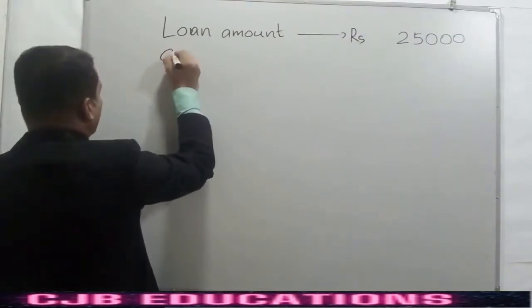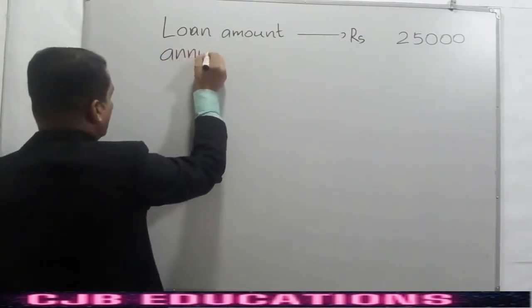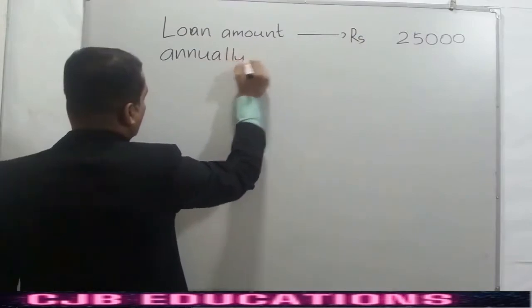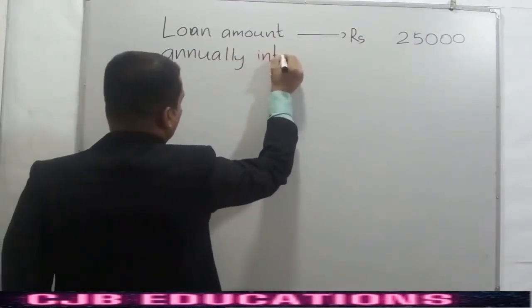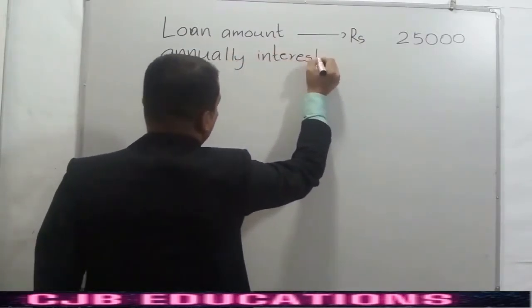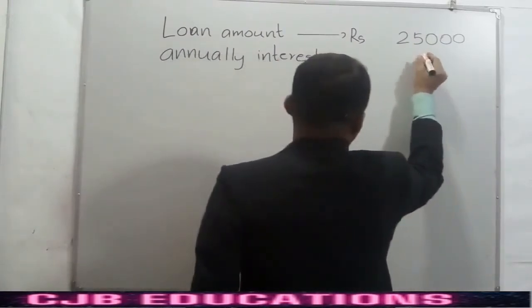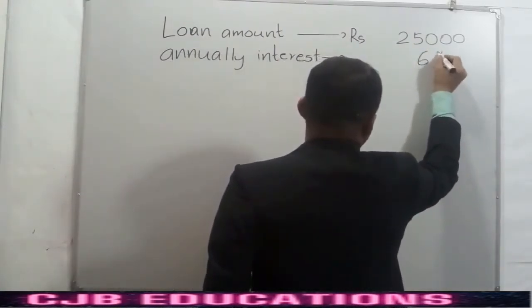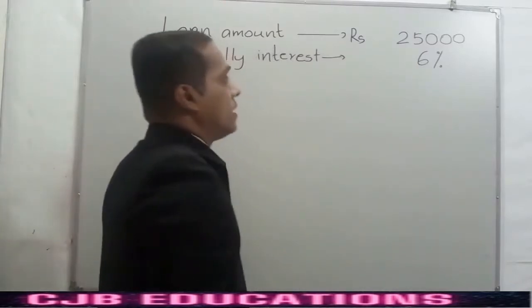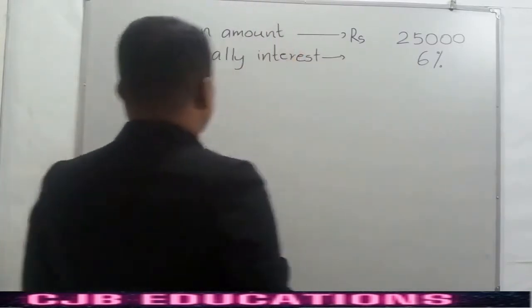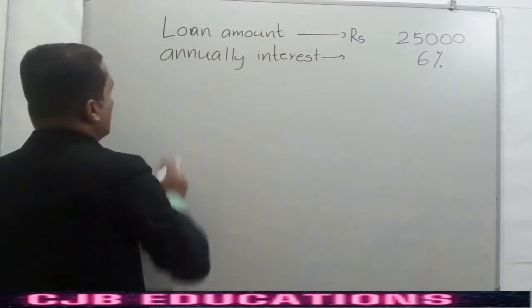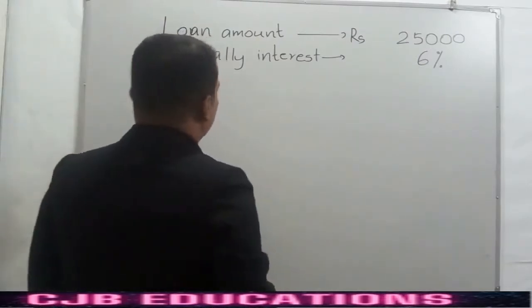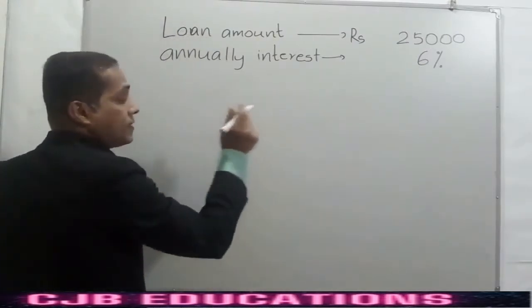Annual interest is six percent, meaning 6 over 100. Then we can find the first year interest.